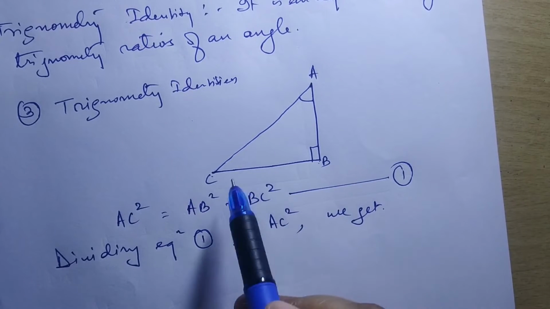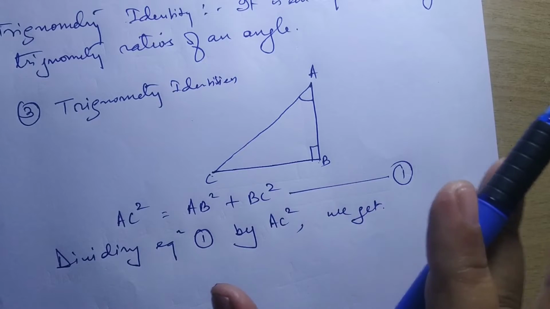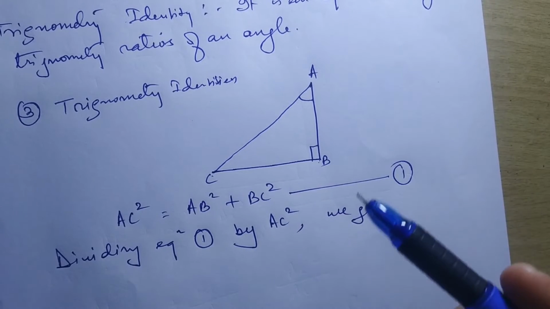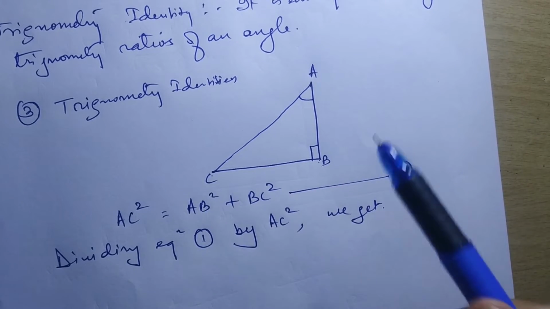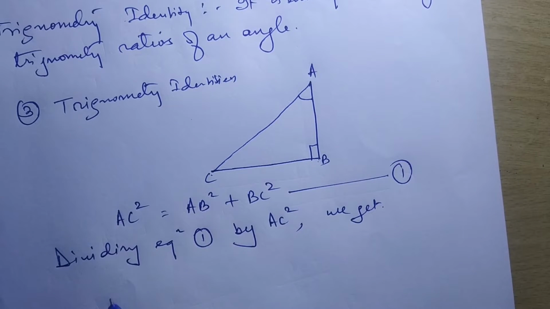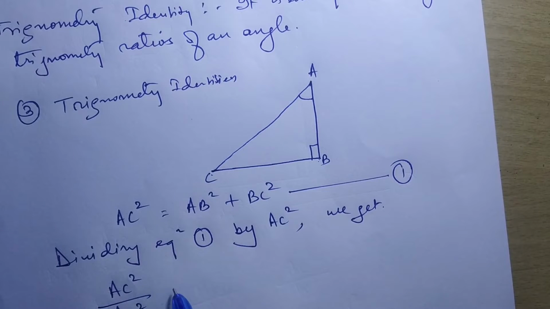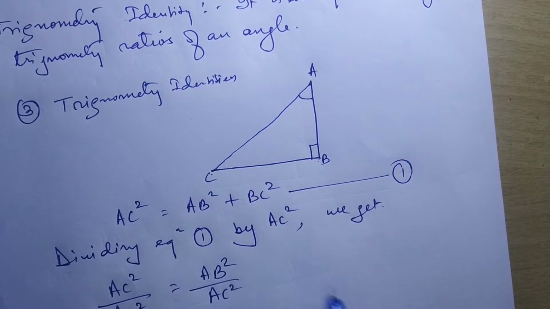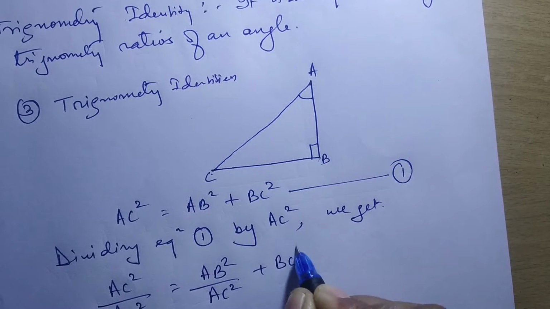But first let me divide it by AC square. Then we'll find out if we divide by BC, what do we get, and if we divide by AB, what do we get. So now AC square by AC square on the LHS, and on the RHS, AB square by AC square plus BC square by AC square.